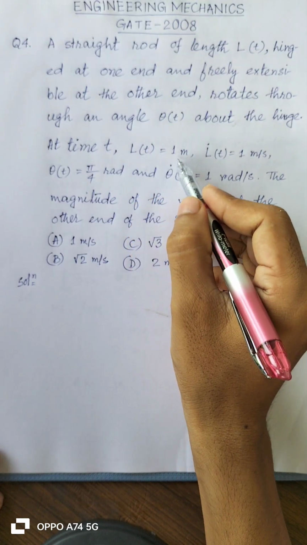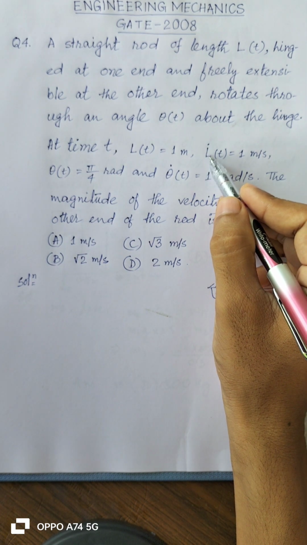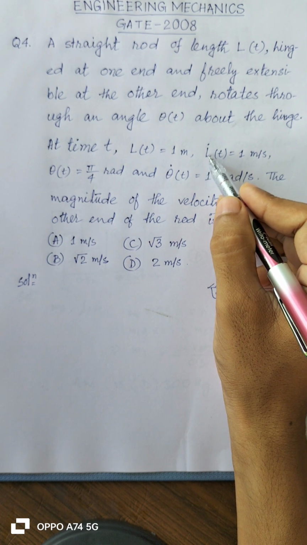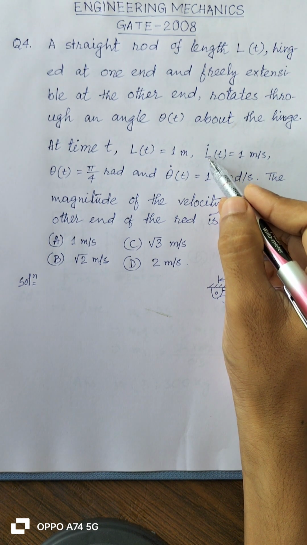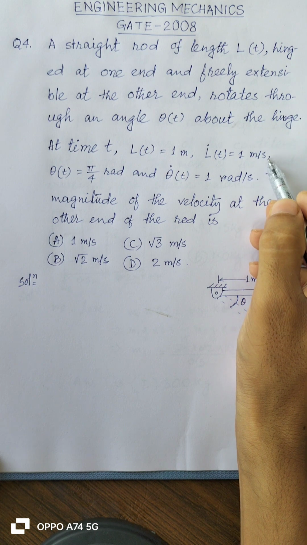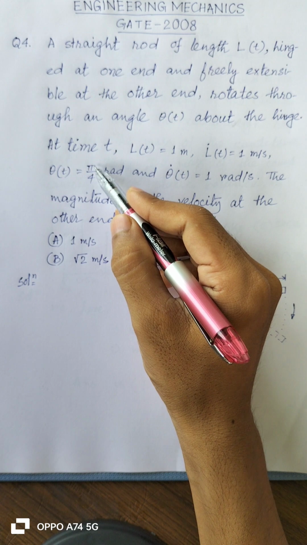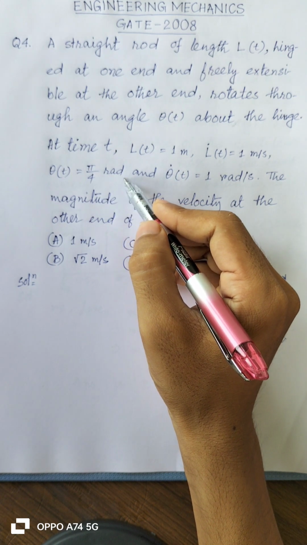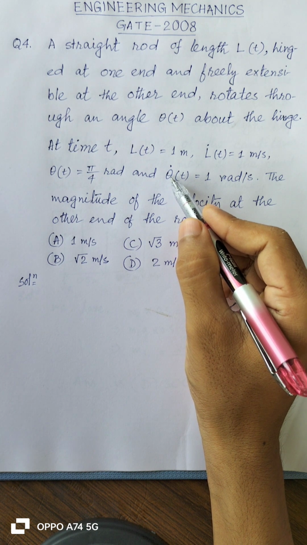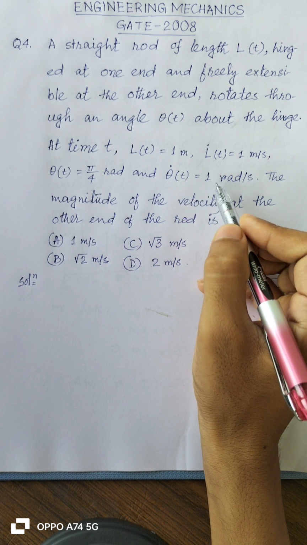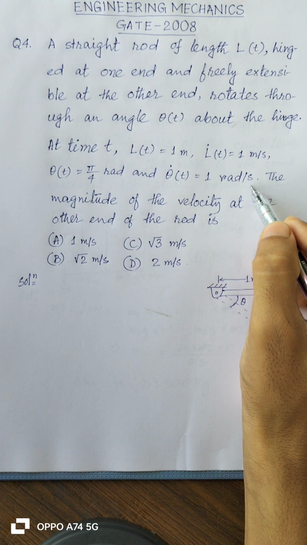L at t, that is the length of the rod, is 1 meter, and L dot t, that is nothing but the linear velocity, that is the rate of increase of length, dL/dt, is 1 meter per second, and angular displacement theta is pi by 4 radian, and theta dot, that is omega, d theta/dt, so that is the angular velocity, 1 rad per second.